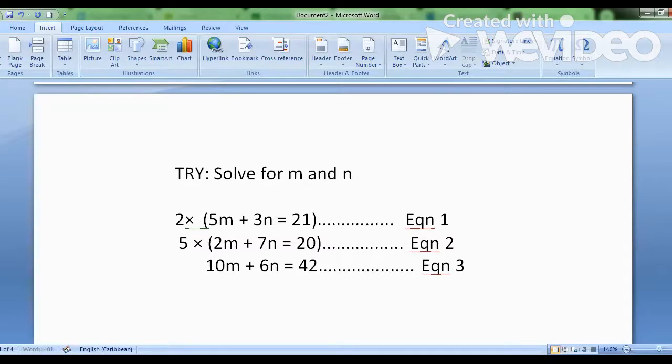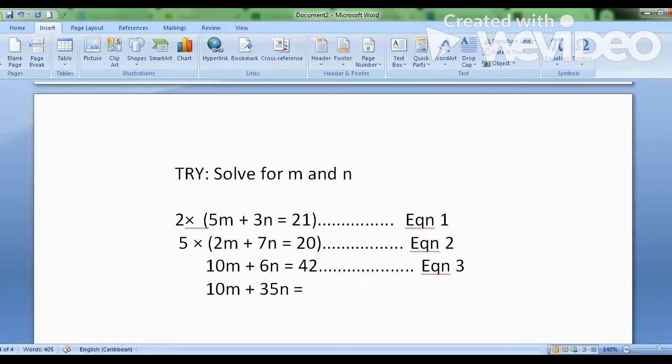Then 5 times 2 is 10m plus 5 times 7, 35n.